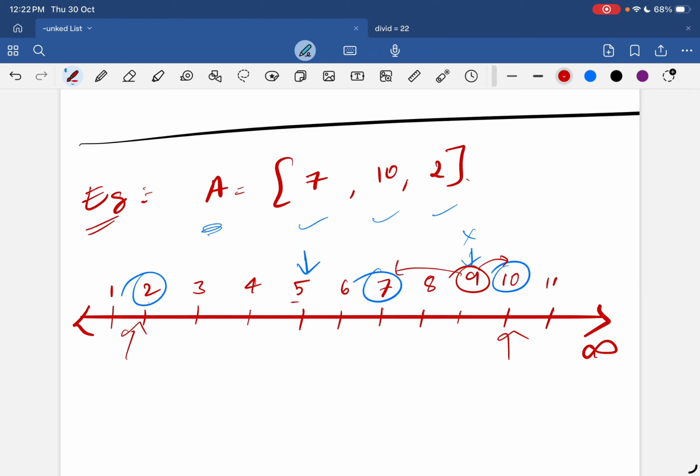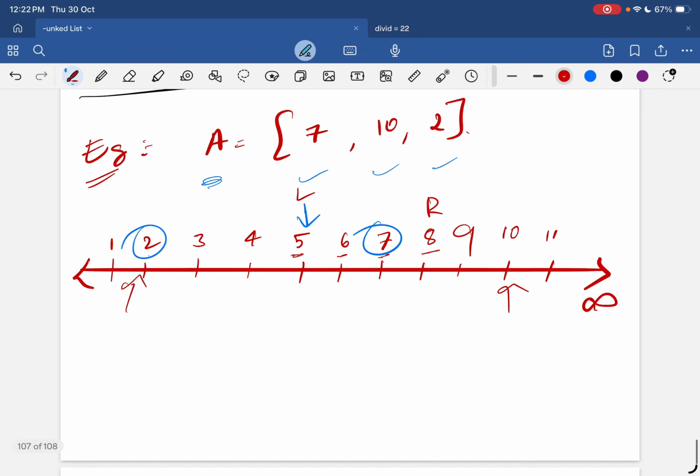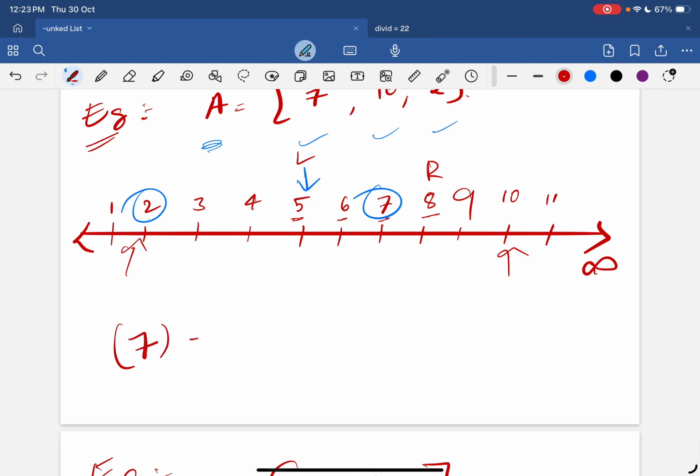So 7's count does not include 9. So again our range stops, and the range from L to R is just 5, 6, 7 and 8. So the count for 7 will be 4. They are 5, 6, 7 and 8.